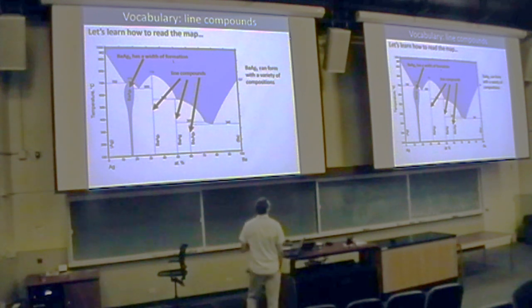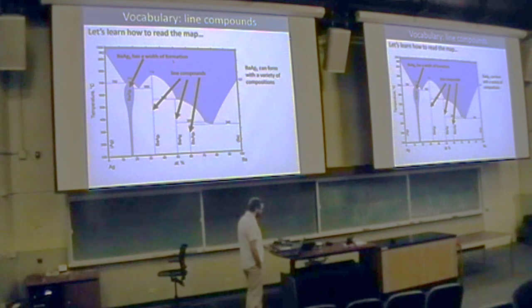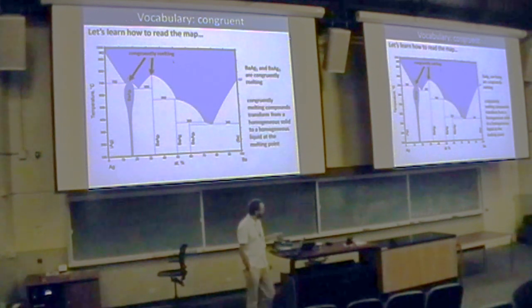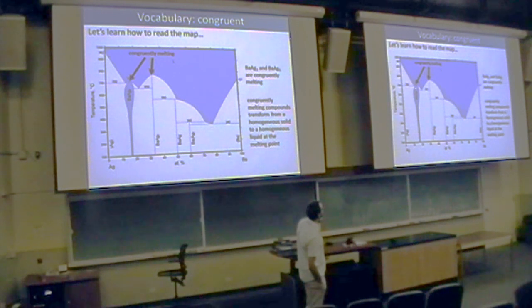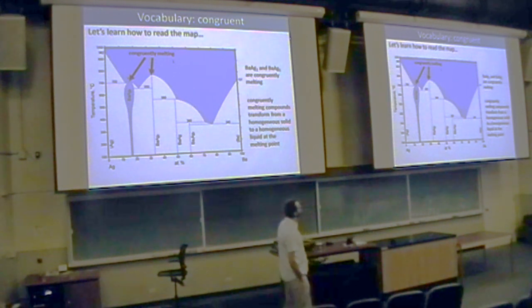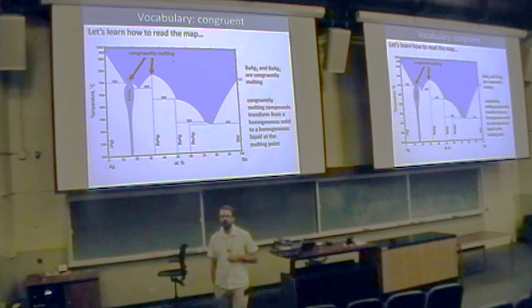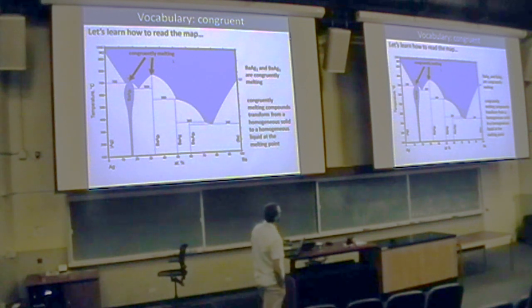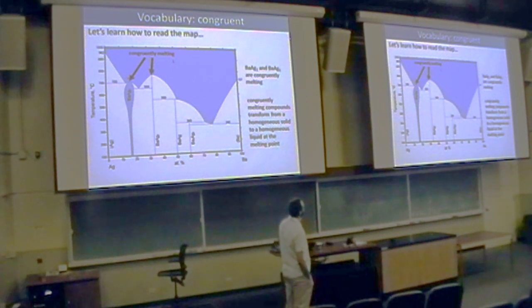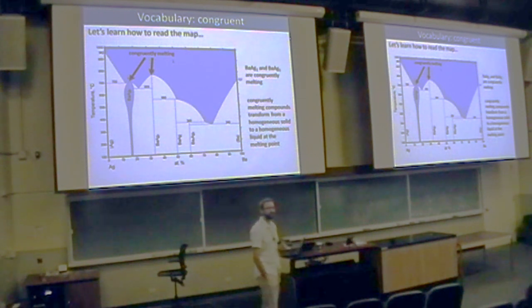Now another thing you can see on this example phase diagram is there are 2 compounds that actually reach the liquid state with a maximum in the liquidus line. This type of compound is called a congruently melting compound. What this means is that you will melt the compound from a homogeneous solid to a homogeneous liquid.